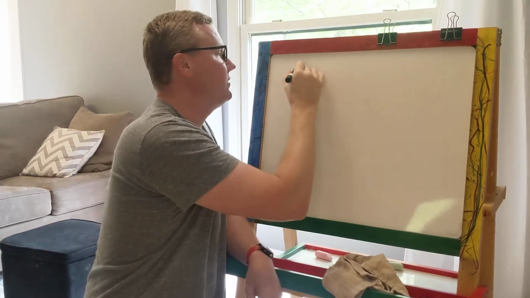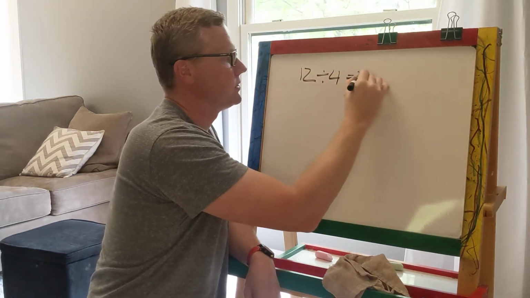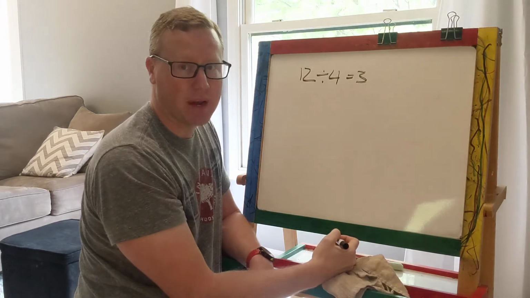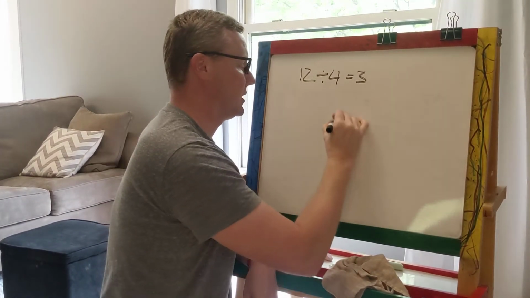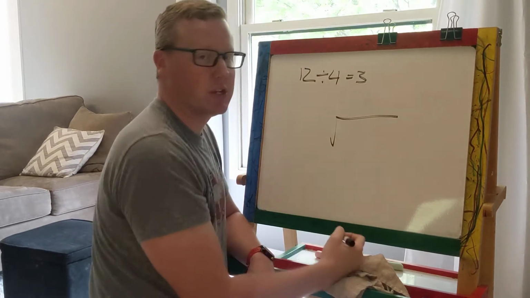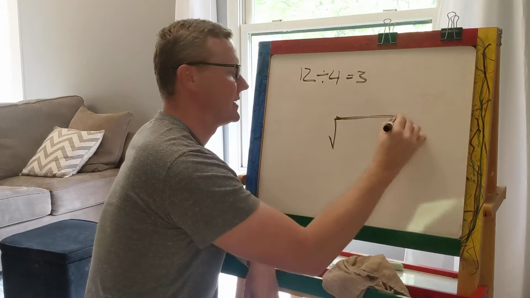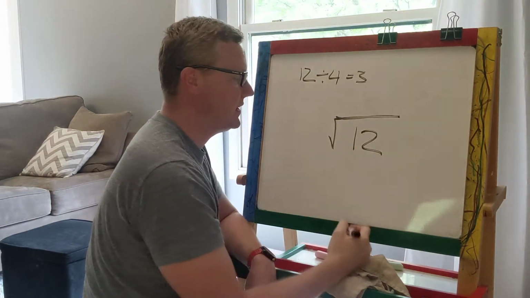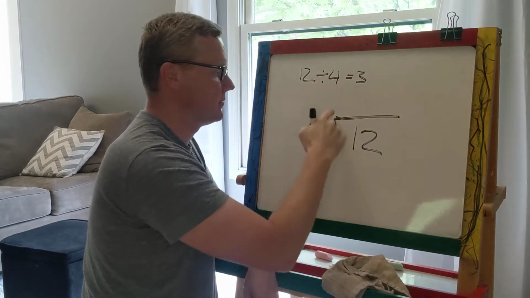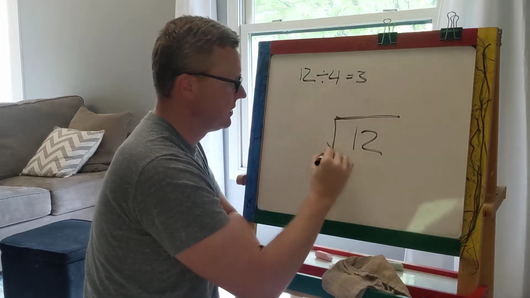You can still have 12 divided by 4 equals 3. But another way that we can show it is they have this special symbol that will look like this. And when you read it, you have to read it a little bit differently. Let me make it big and bold so you guys can see it on the TV. So you have 12 in the middle, and then this right here, sometimes you'll see it with a check, sometimes you'll just see it like that.